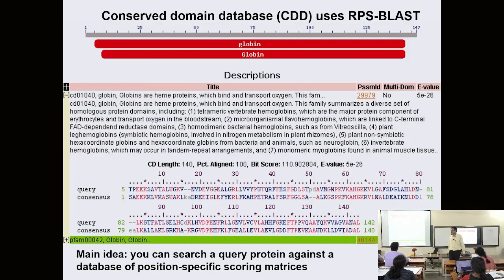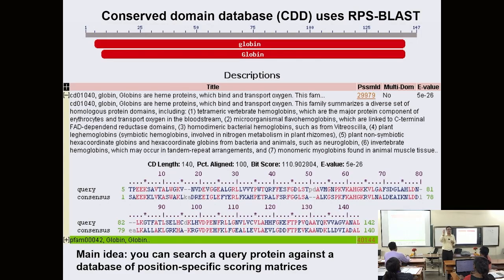Okay, so what people have done is make a position specific scoring matrix for each protein family. So now there is a database of position specific scoring matrices representing many different protein families. CDD, the conserved domain database.